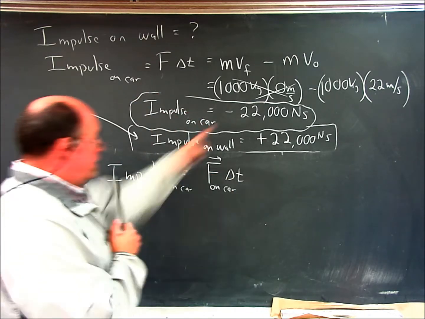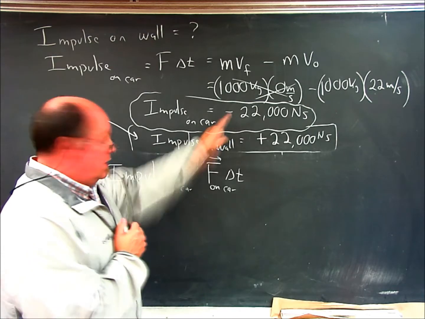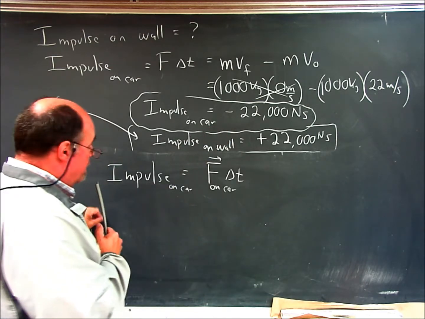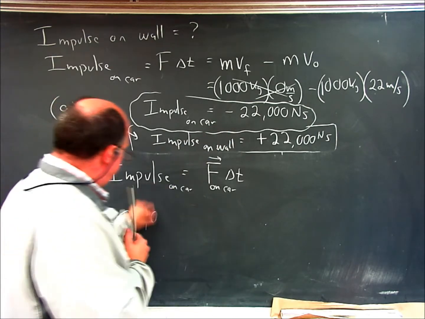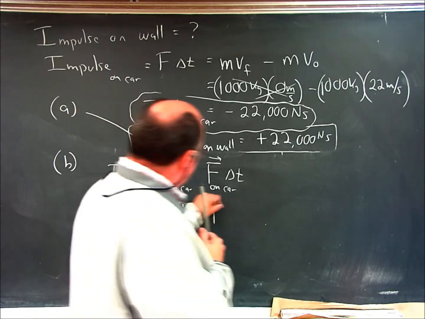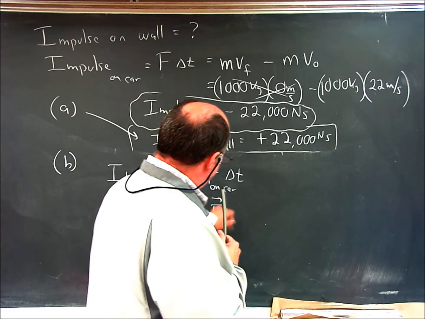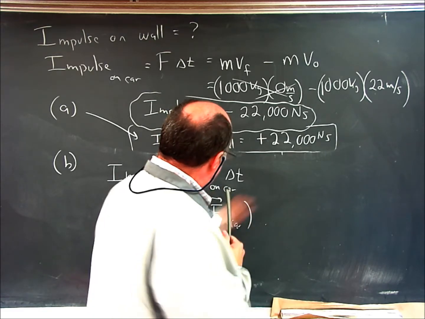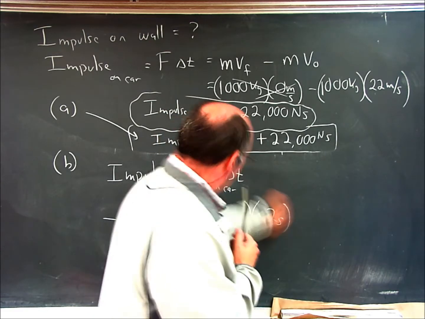The impulse on the car is this negative number, negative 22,000 newtons times seconds, and the force on the car is unknown, and the time they told us was 0.2 seconds.